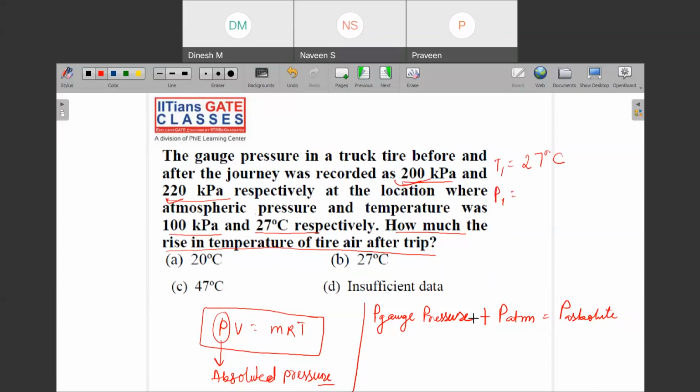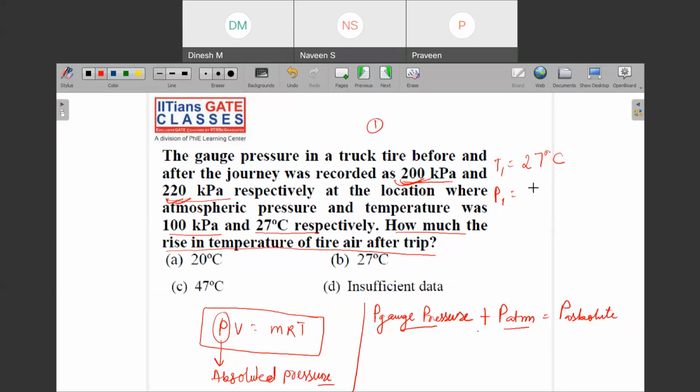The pressure is also given. So P1 becomes gauge pressure plus atmospheric. The gauge pressures are given, 200 and 220. I am using notation 1 for before the journey and 2 for after the journey.